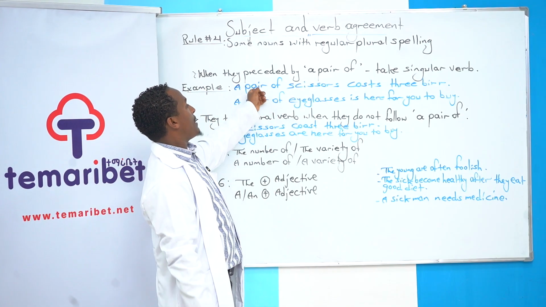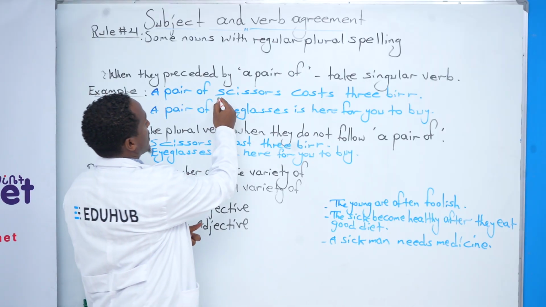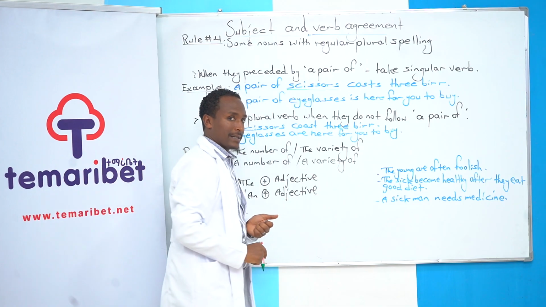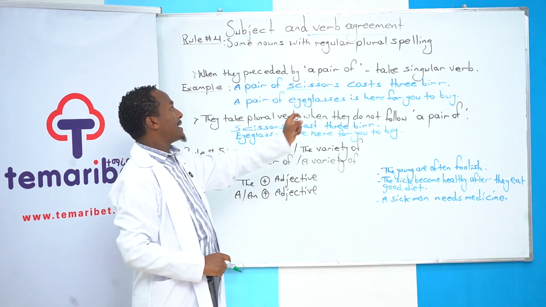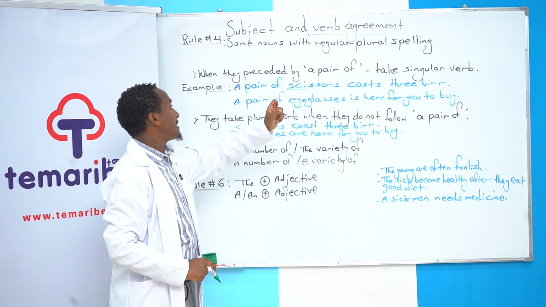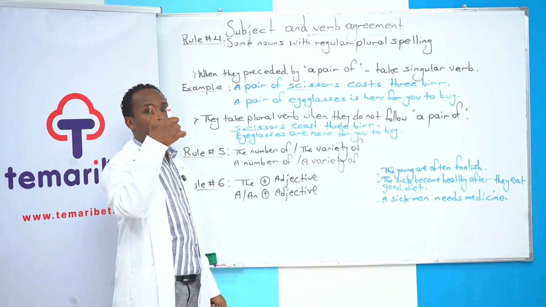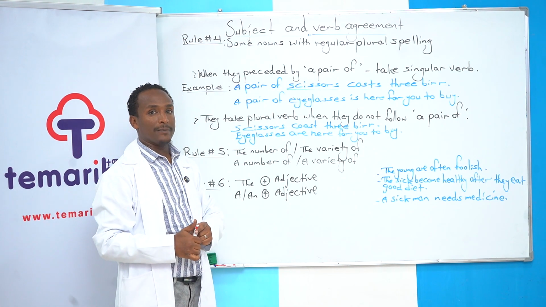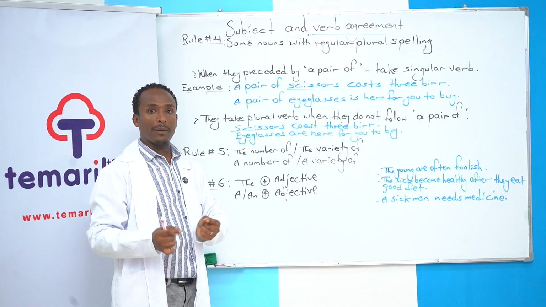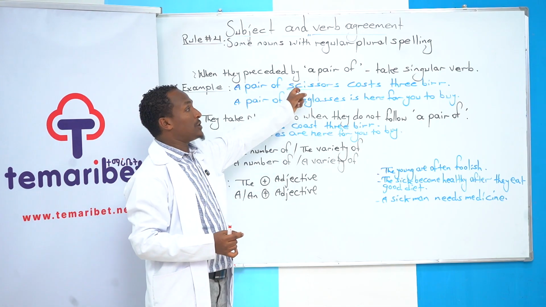For example, a pair of scissors. Scissors has s at the end. So to make this noun singular, we must add a pair of. You are talking about one of that object. If you say scissors, you are talking about more than one of the object, okay?